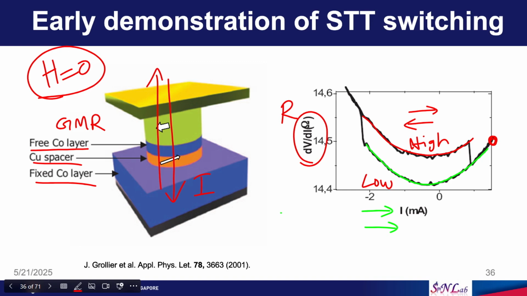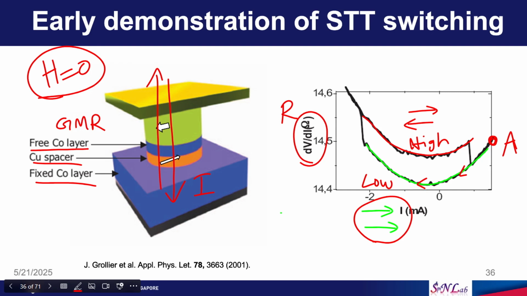Let us say we start from point A in this picture and go towards negative current. We follow the green line path. At the starting point we are in the parallel state.